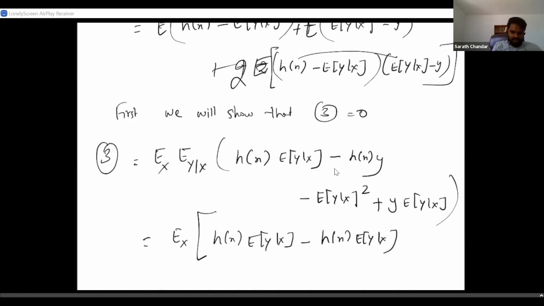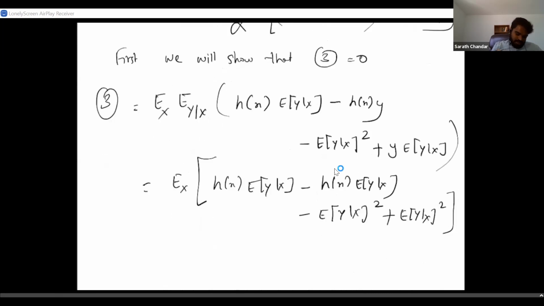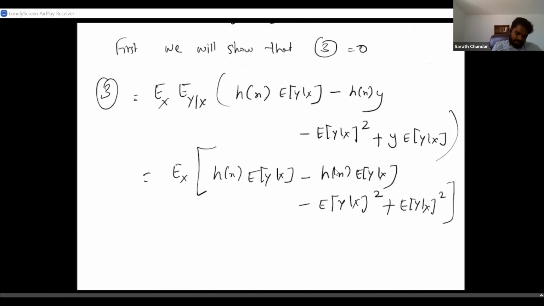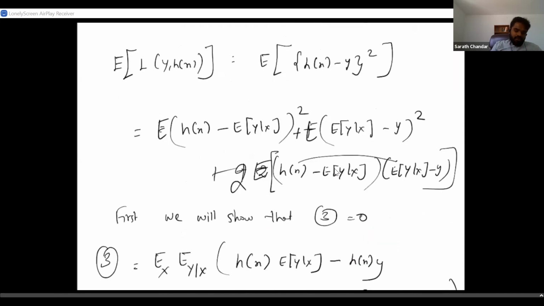The third term is just a numerical value, so it stays as such. And the fourth term has a y, so this becomes (E[y|x])^2. Now look at these terms, they actually cancel each other. So this is basically 0. We removed the third term, so all we have is the first two terms.